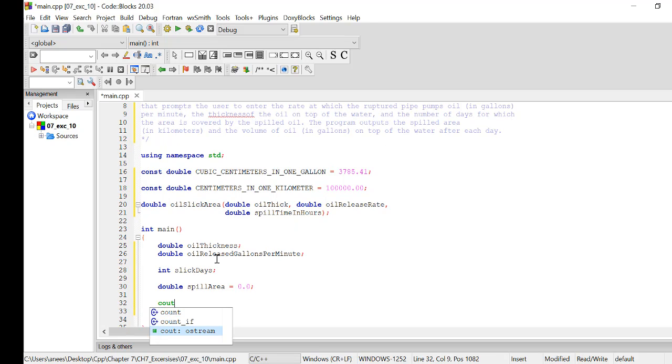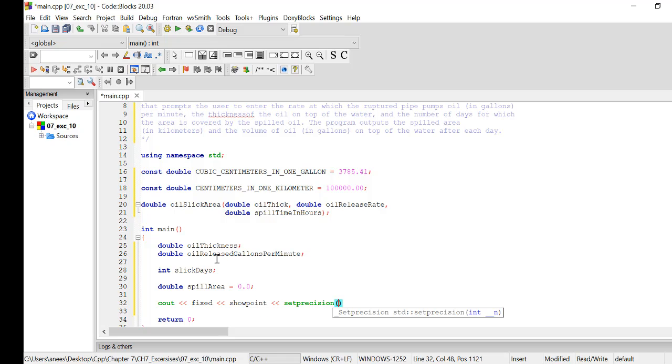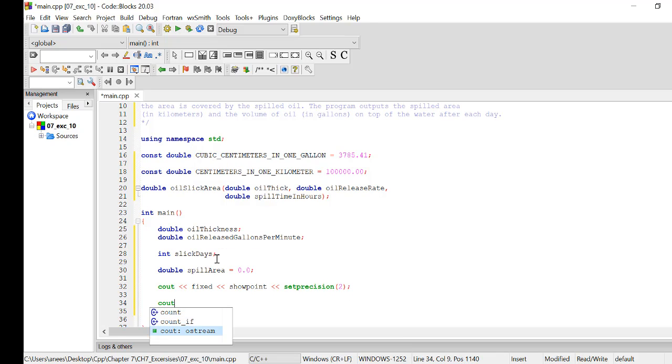And then you can see cout fixed, show point, set precision to 2, semicolon.